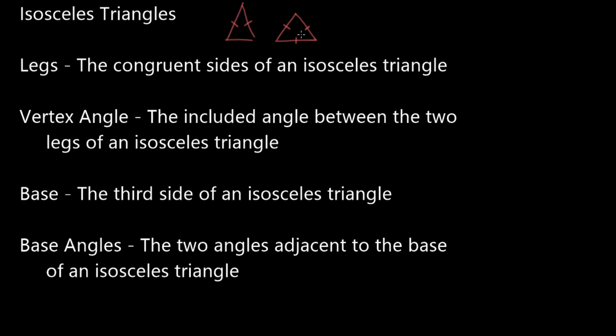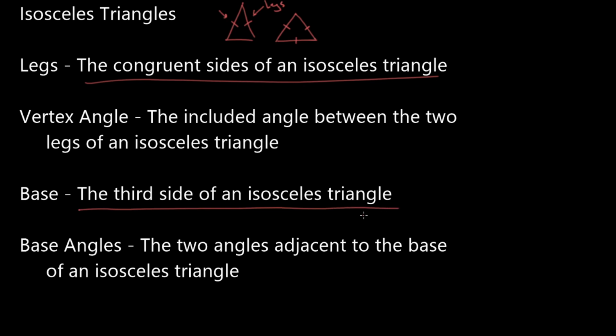So the first thing we need to define is what the legs of a triangle are. The legs of an isosceles triangle would be the congruent sides of the isosceles triangle. So in this case, these two sides here are the legs of the triangle. And then I'm going to jump down to that other side, that third side of the isosceles triangle.